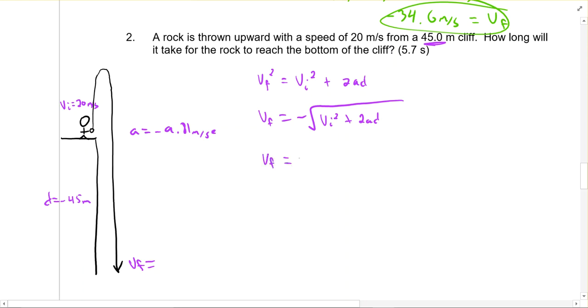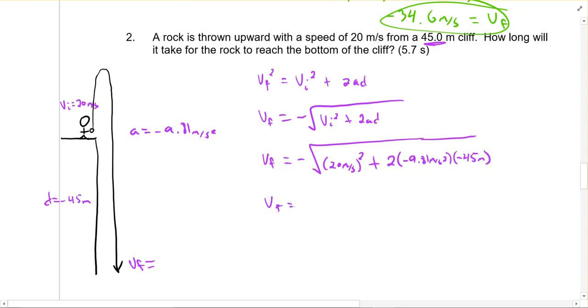So VF is equal to, I'll put my numbers in here, 20 meters per second squared plus 2 times negative 9.81 meters per second squared times negative 45 meters.